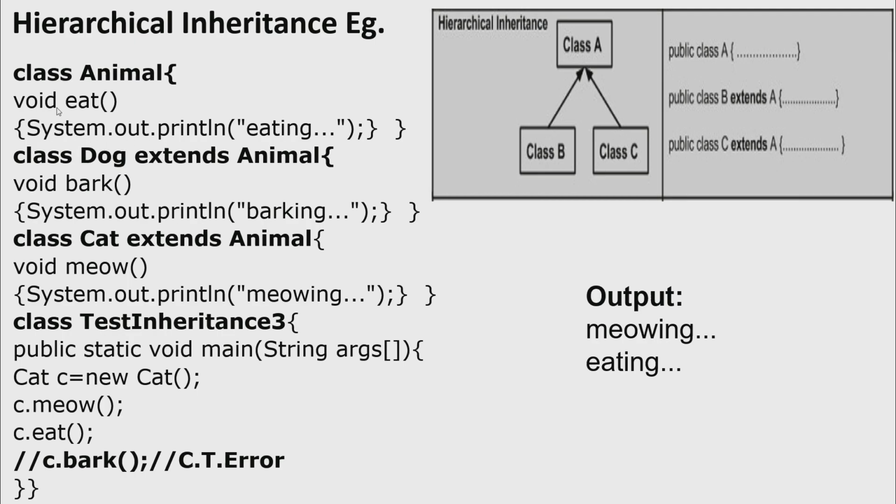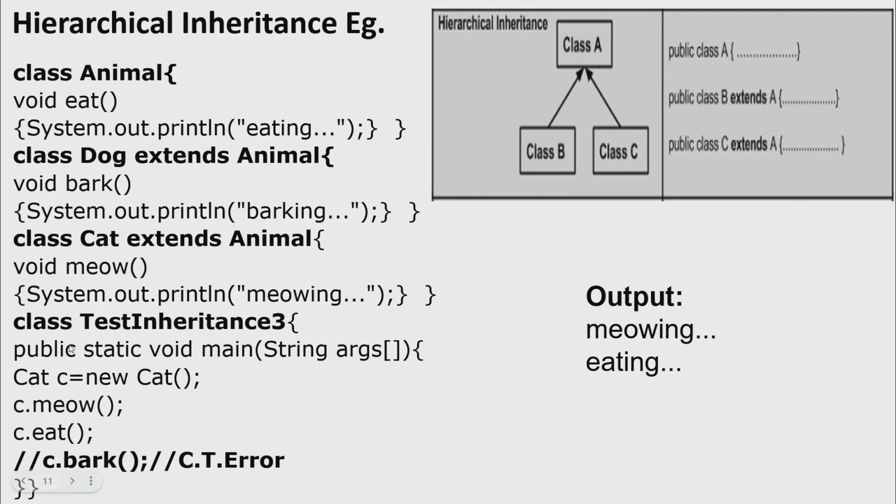Here I have written a common behavior for the animal, which is eat. Next one, class dog. It extends the animal class and has its own specific implementation, bark. Another class, cat, is also derived from the animal class. Now class dog and class cat are both derived from a single parent class, the animal class.